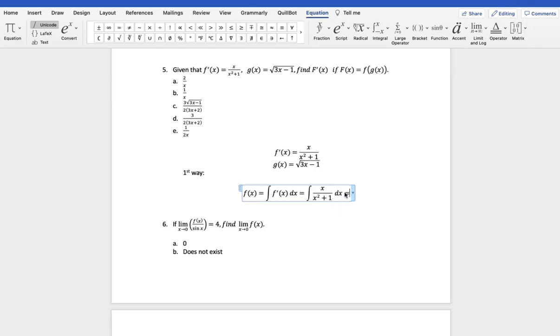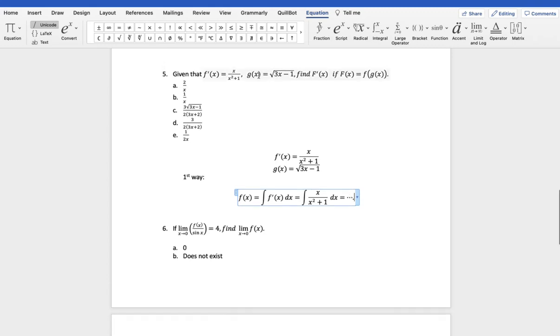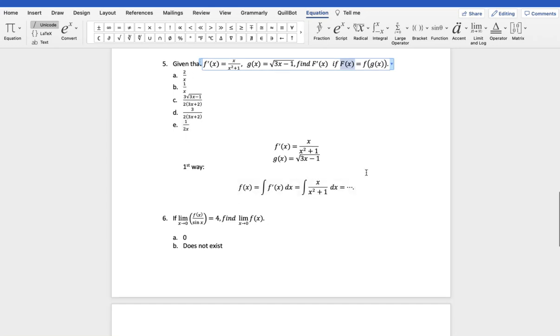You have to do some manipulation to get to the solution, using all the methods you know to solve integrals, and then you find your final answer. The next step would be to substitute g of x into f of x, the function that you found, and immediately you have found the big F of x. Then you just take the derivative of that and you find whatever the answer is. So that's the first way.